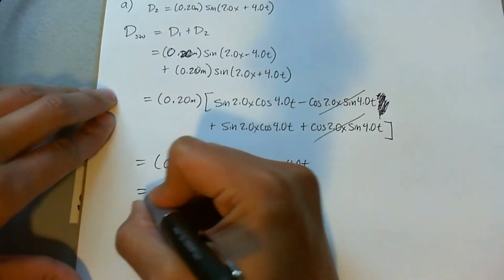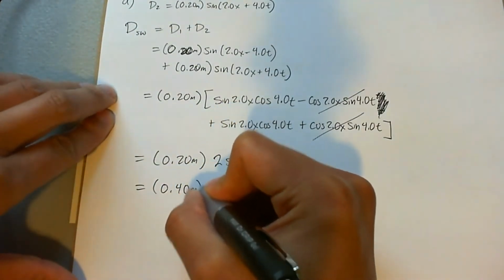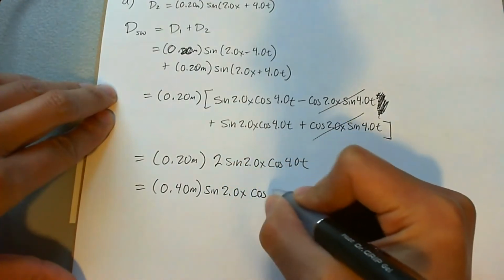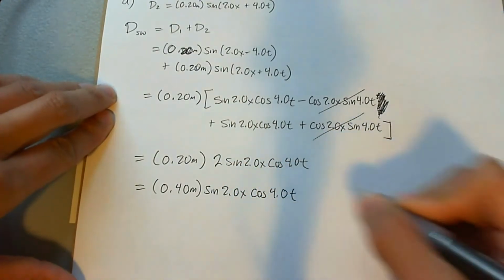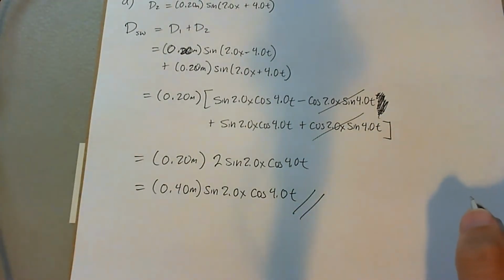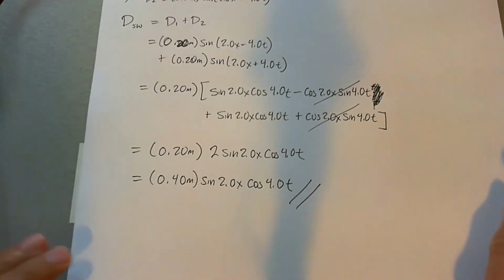And lastly, this should equal then 0.40 meters sine of 2x cosine of 4t. And that's going to be the function of the standing wave from these two waves interfering with each other. So the addition of the two waves interfering with each other.